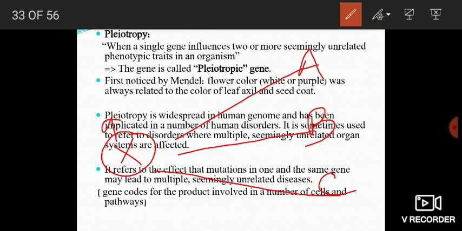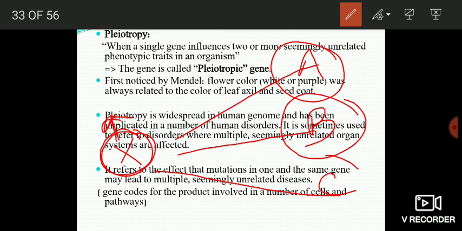Okay, तो कैसे ये होता है, एक जीन में म्यूटेशन हो जाती है, and the product of this gene, since it is involved in a number of cells and pathways, affects organ system A, organ system B, and organ system C.